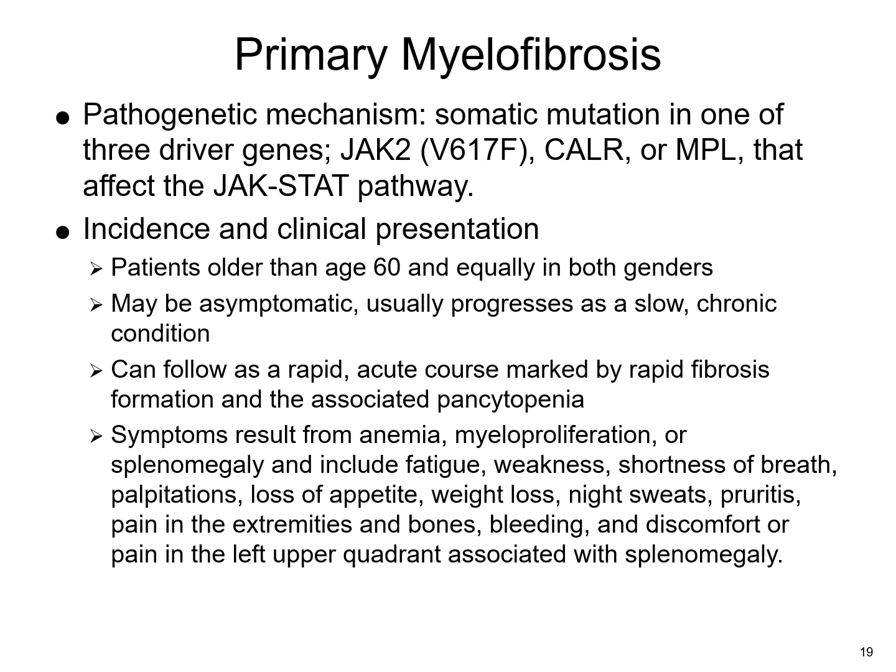Now, symptoms can actually result from an anemia, a myeloproliferation, or splenomegaly, and it can include fatigue, weakness, shortness of breath, palpitations, loss of appetite, weight loss, night sweats, pruritus, pain in the extremity and bones, bleeding, discomforts, pain in the left upper quadrant, and that's going to be due to that enlargement of that spleen.